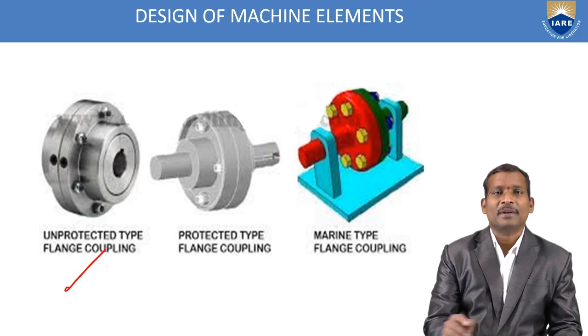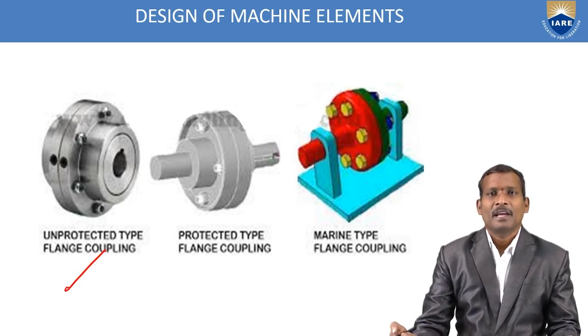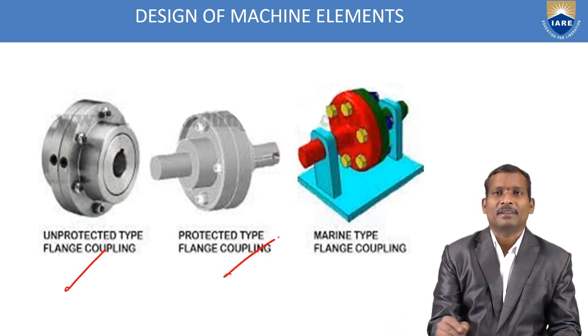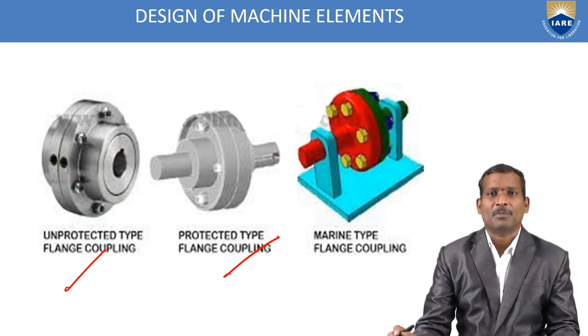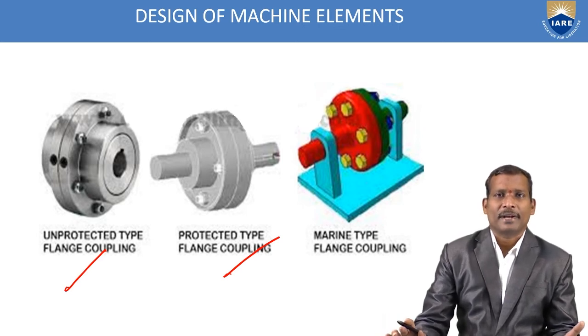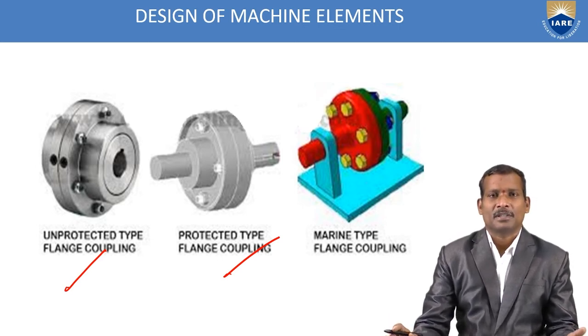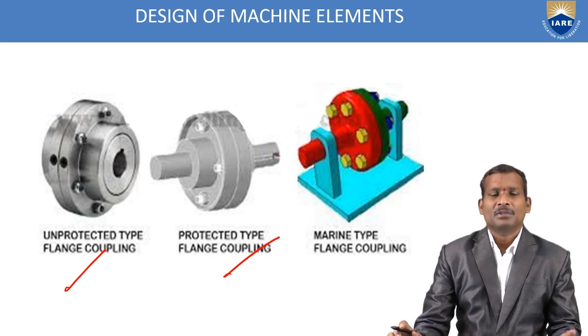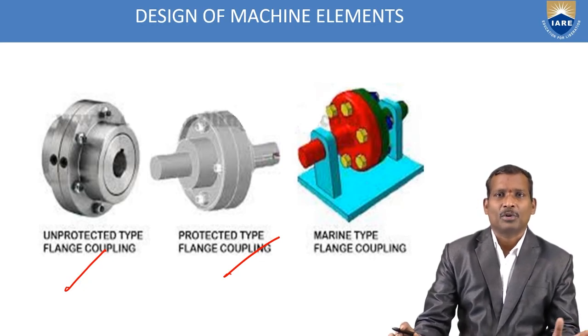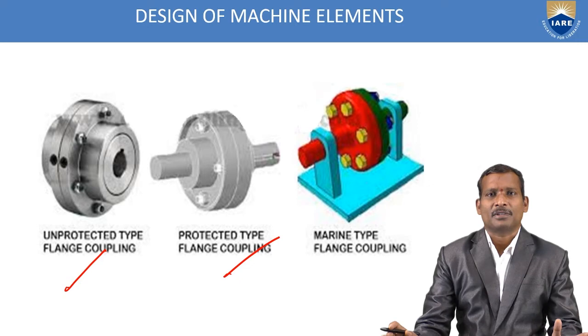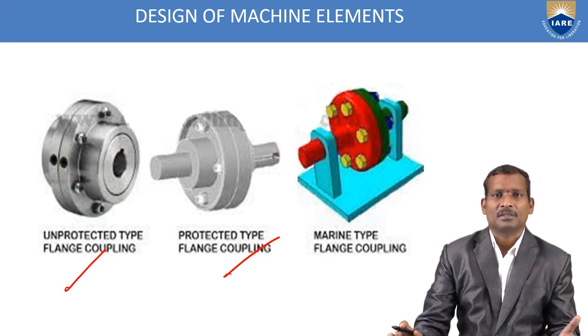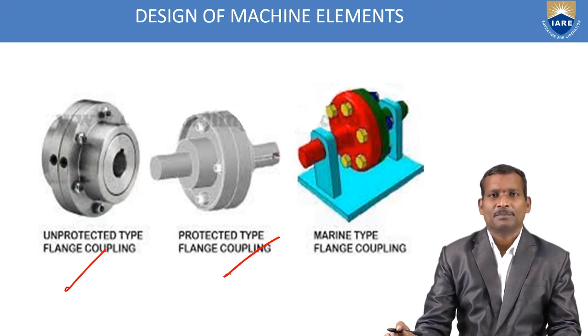First is the unprotected flange coupling, second is the protected type flange coupling, and third is the marine type flange coupling. These three types are classified as rigid flange couplings. The applications depend upon the type of load and the need for this coupling.